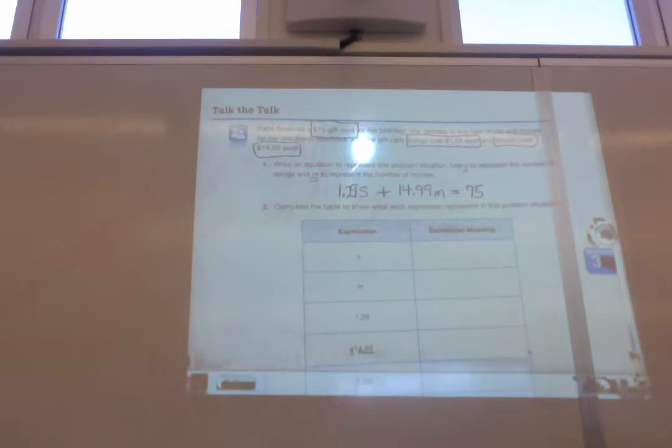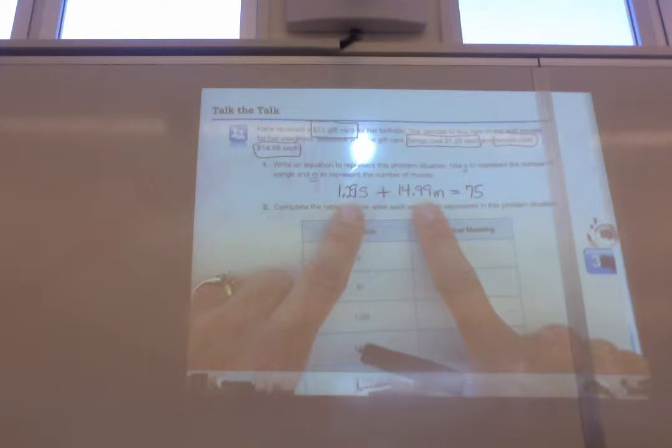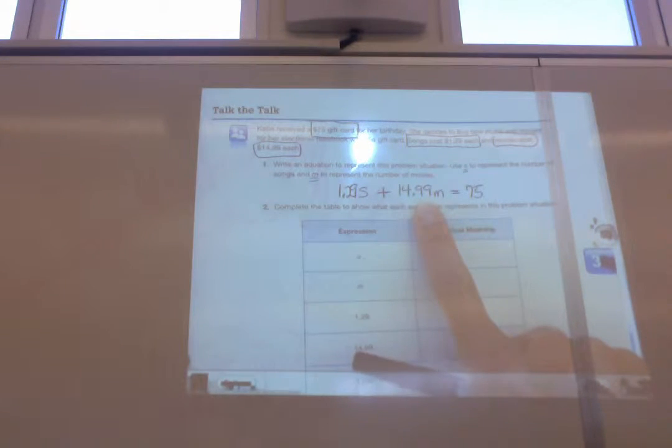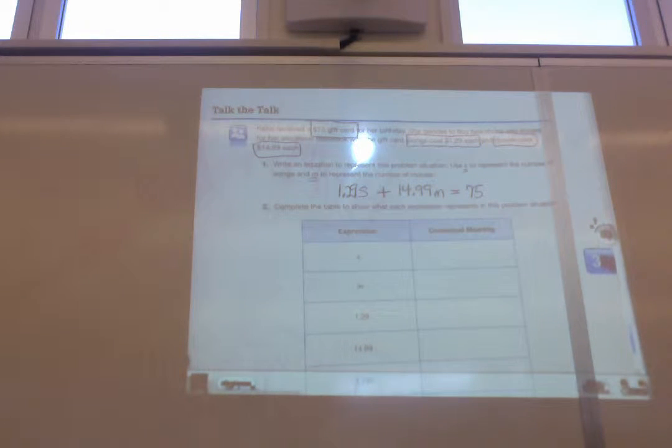Okay. This again is standard form because the two variables are on the same side of the equal sign. The other form that you'll hear in linear equations, slope-intercept, isolates one of the variables and moves everything else over. But starting here, complete the table, show what each expression represents in this problem situation.